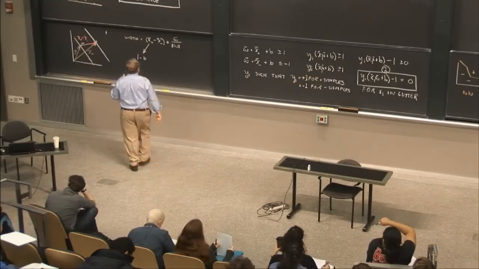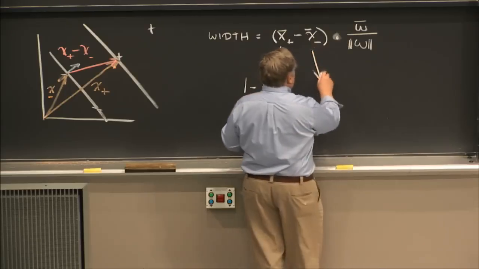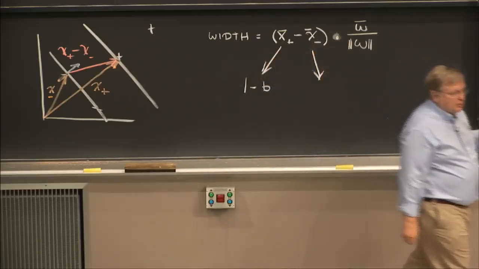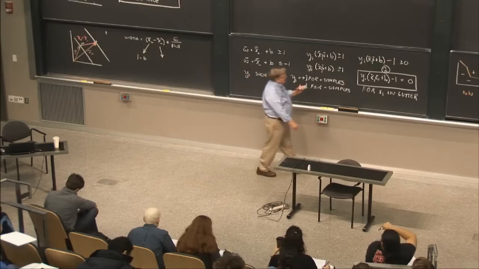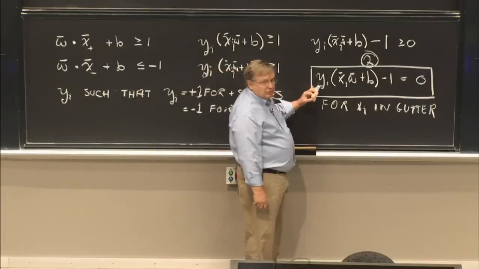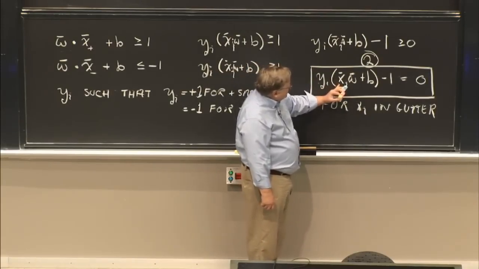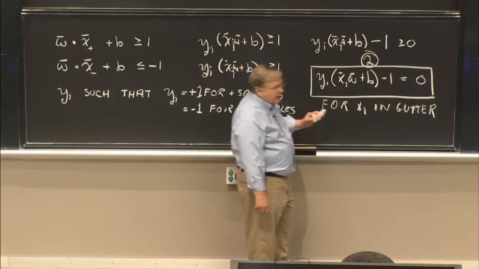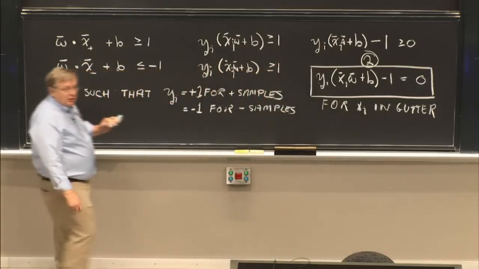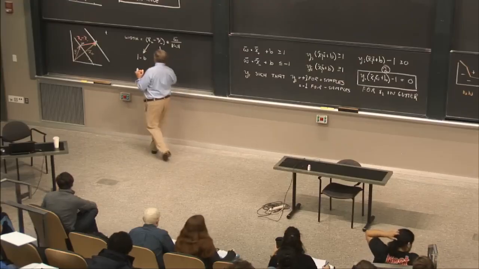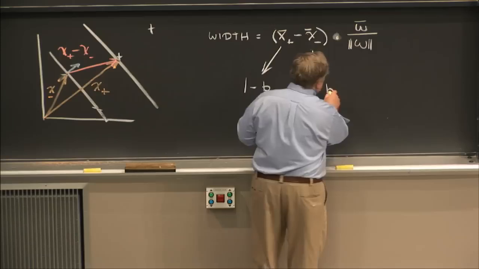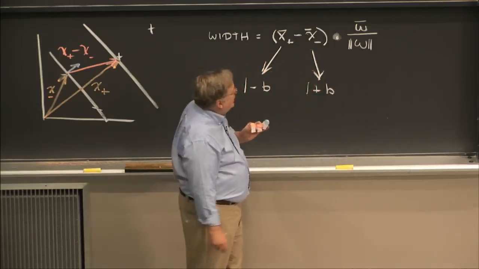Well, we can do the same trick with x minus. If we've got a negative sample, then y sub i is negative. That gives us negative w dotted with x sub i. And now we take this stuff back over to the right side, and we get 1 plus b. All right?